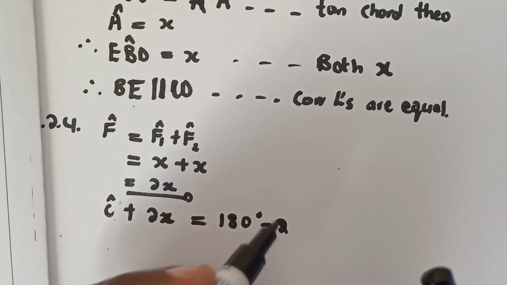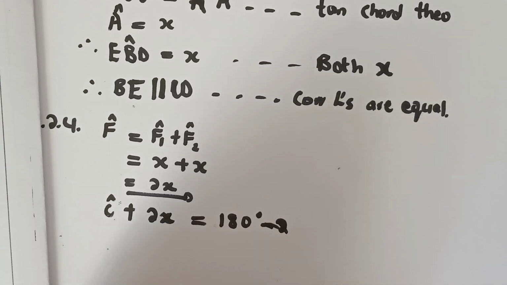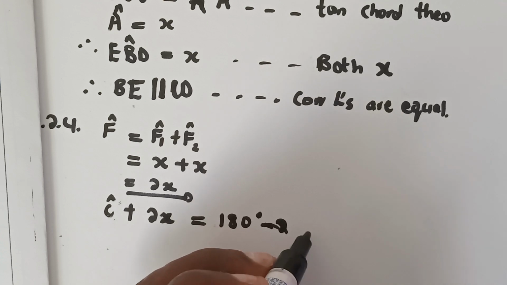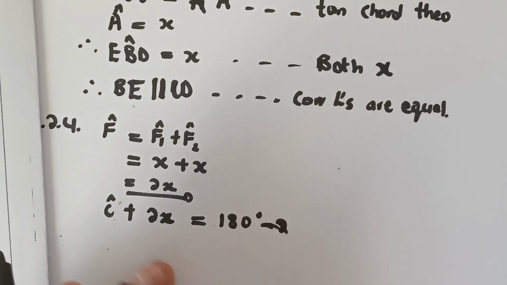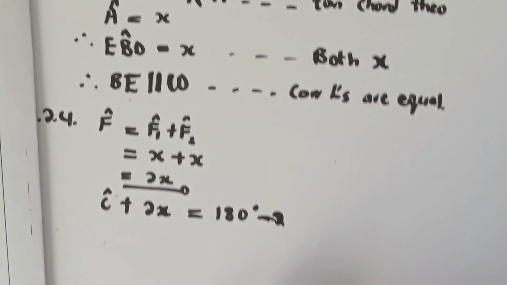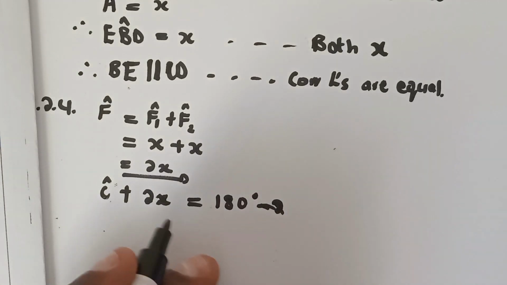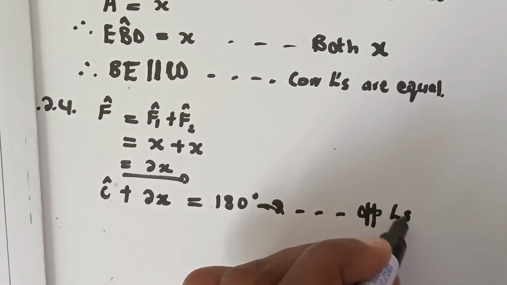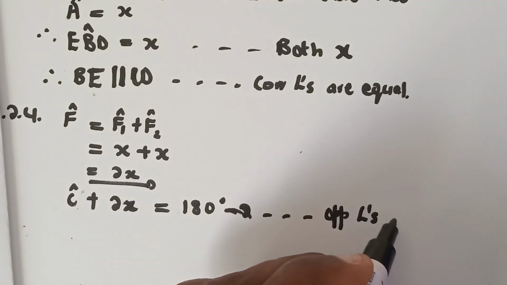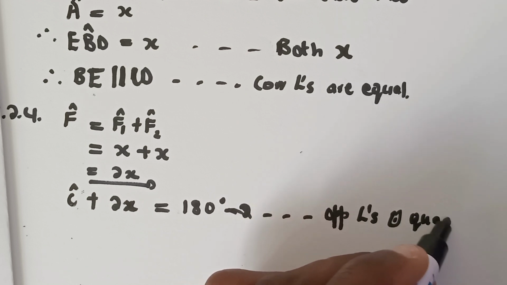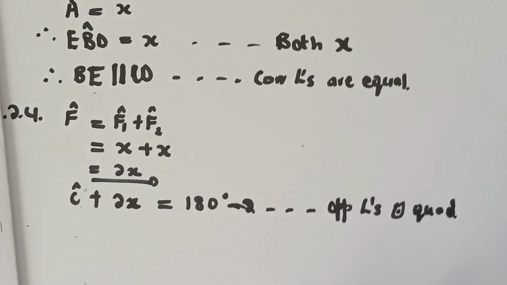Sorry for that. My mind is faster than my handwriting. So now I'm just thinking of transposing the x to the other side, which I have to do on the following step. Now we say that these are the opposite angles of a cyclic quad. I hope you all see that.